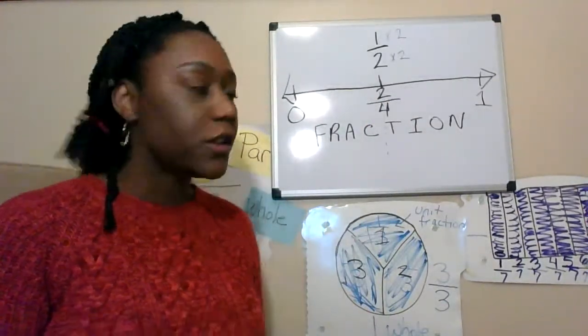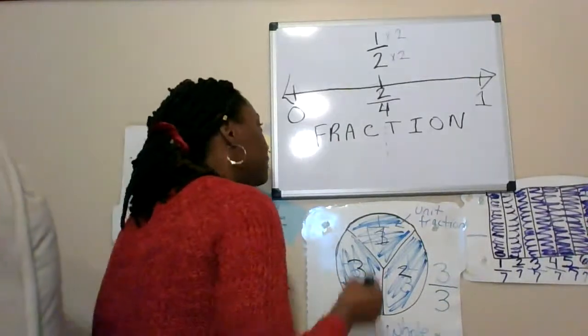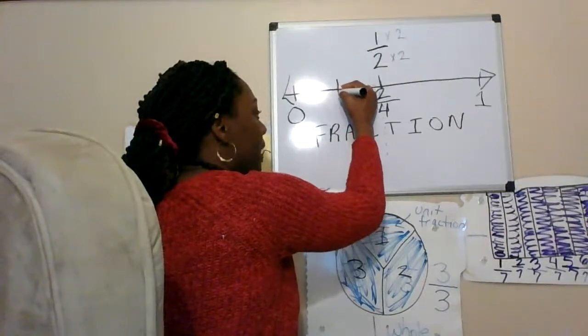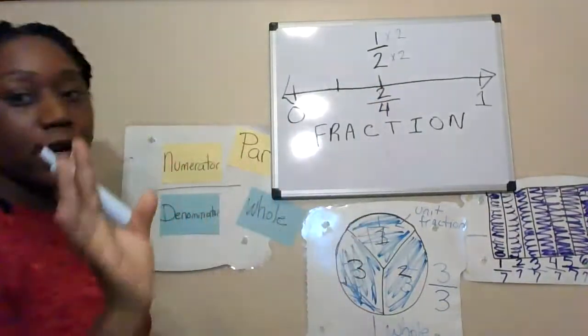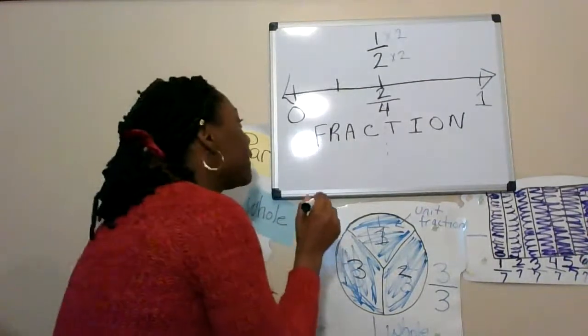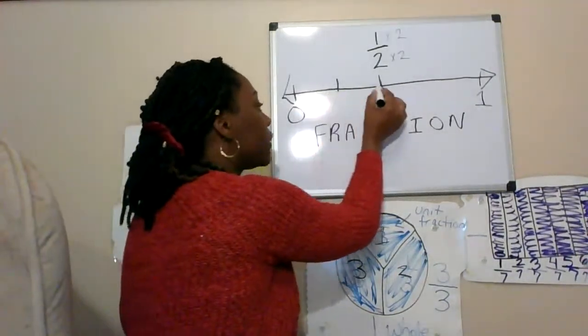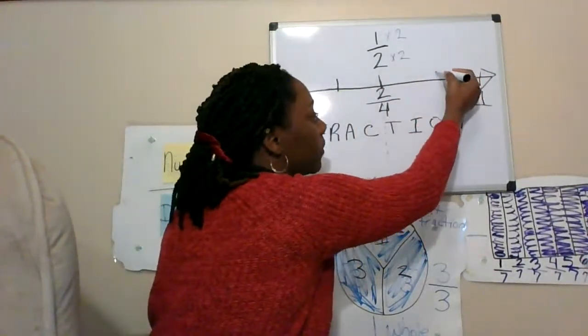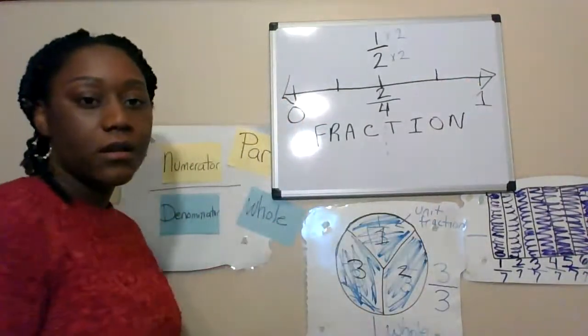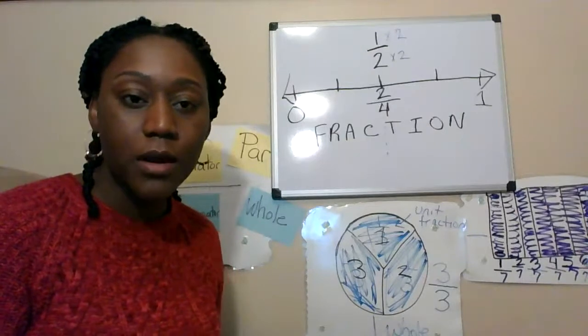Yes, 2/4. So now, in the middle of 0 and 2/4, we're going to break our parts because, boys and girls, the denominator is 4. We need 4 parts. 1, 2, and we're going to put right here, 3, 4. So we have a total of 4 parts.